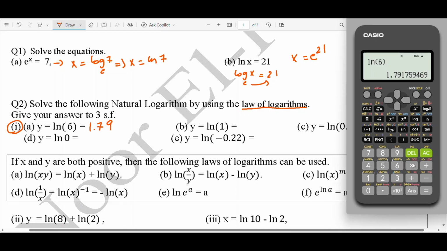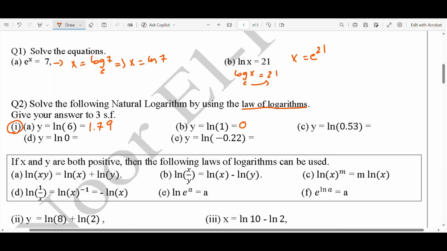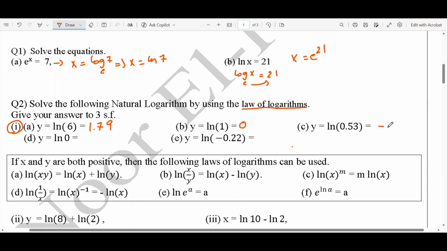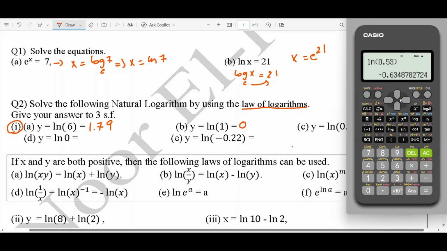Continue. ln 1 equals 0. ln 0.53 equals negative 0.635. ln 0 equals math error.